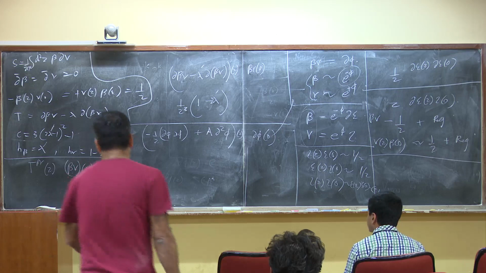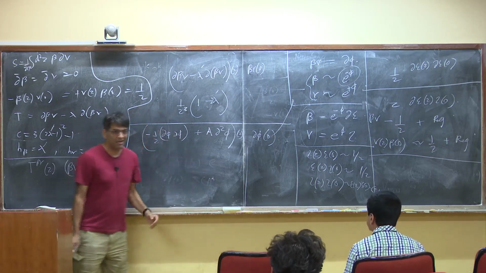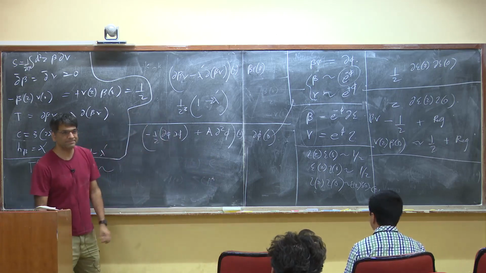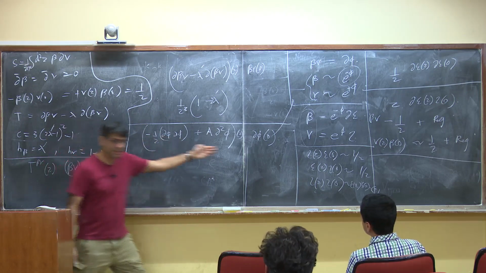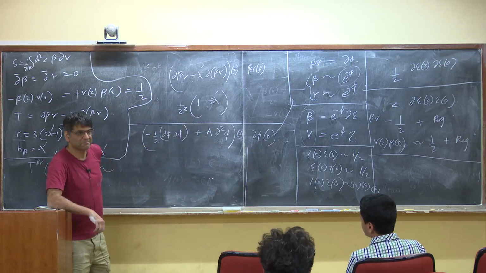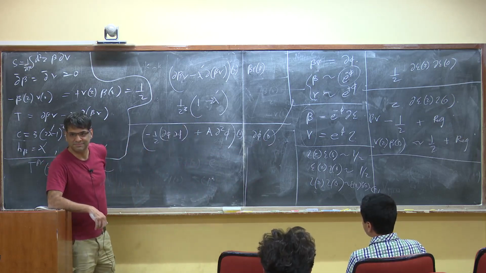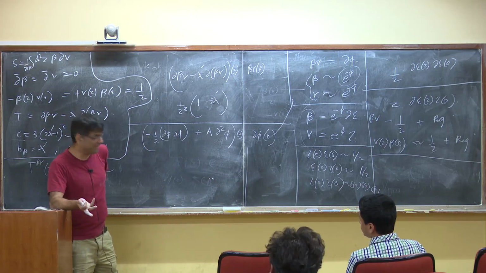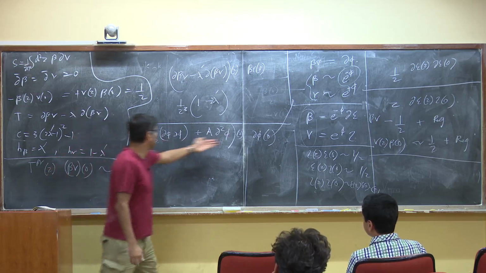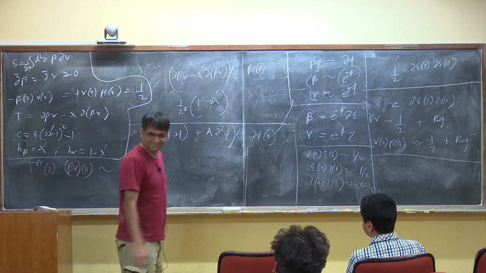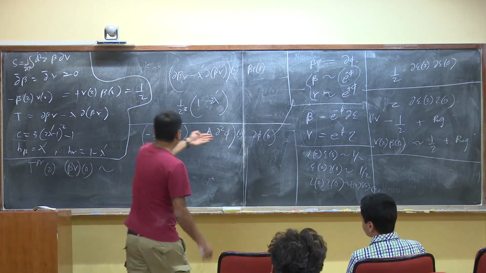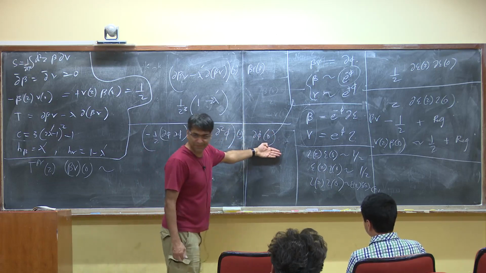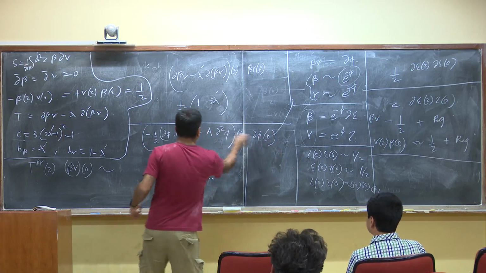Now from the canonical term, this minus half del phi del phi, are we going to get a 1 by z cubed? From this term in the OPE, will we get a 1 by z cubed? It's one contraction, so we never get identity. So we're not going to get a 1 by z cubed. We'll get a 1 by z squared with a del phi. But with this term, we will get a 1 by z cubed. So let's work out what we get from this term.